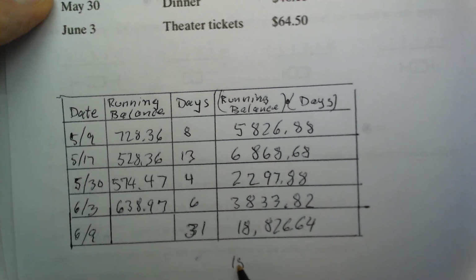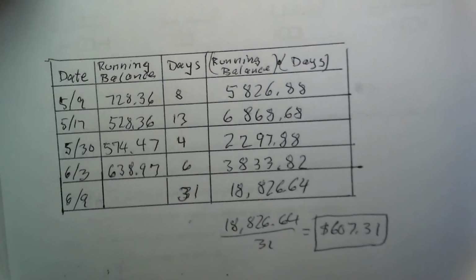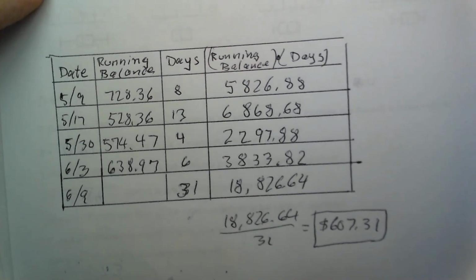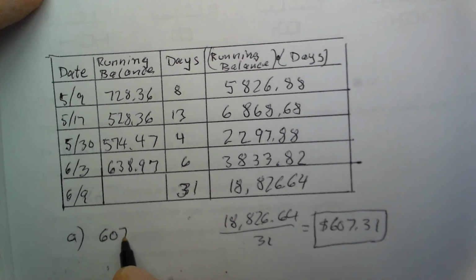So 18,826.64 divided by 31 equals $607.31. So that is the average daily balance. So that's our A part. So A, we can say $607.31.